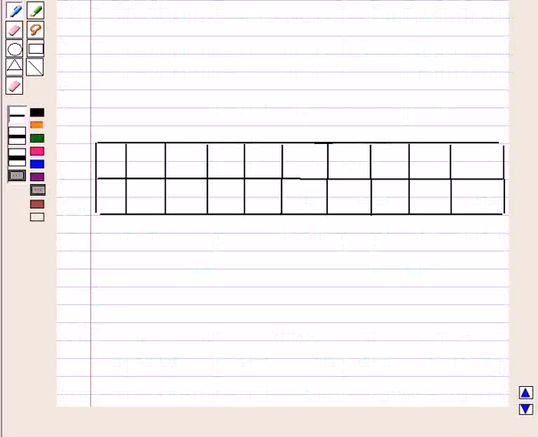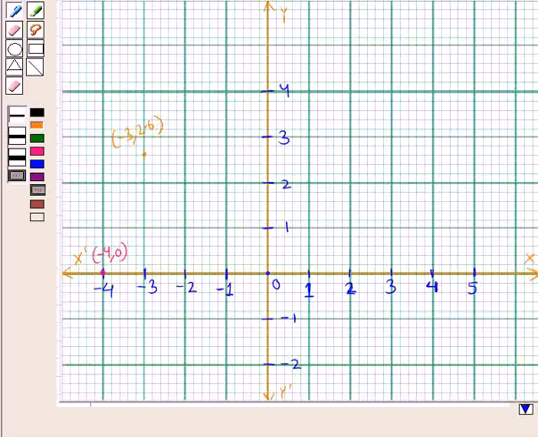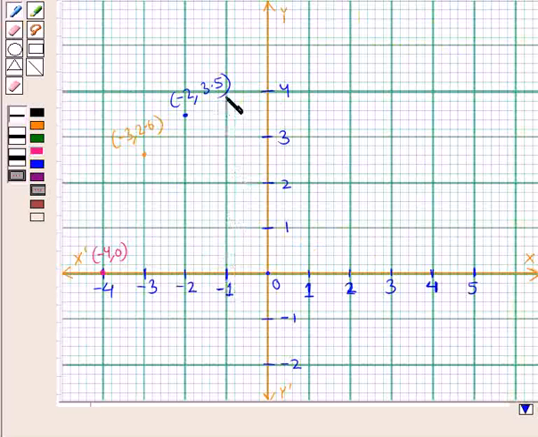Now the next point that we have is minus 2, 3.5. Now let us plot this point. The point minus 2, 3.5 is this point. Then we have minus 1, 3.9. This point is minus 1, 3.9.